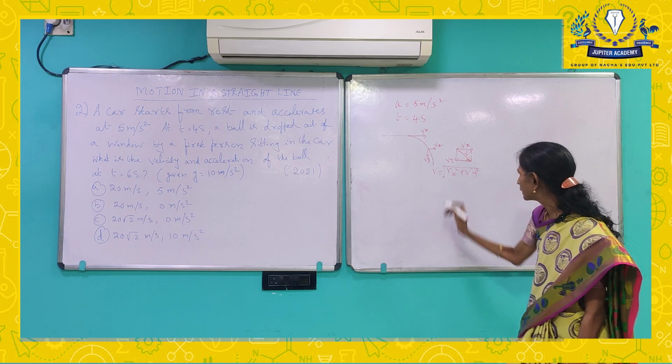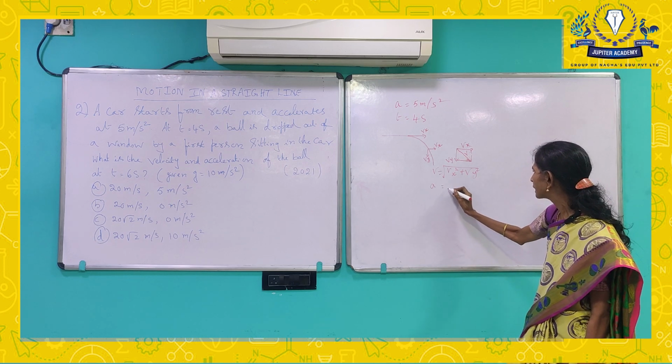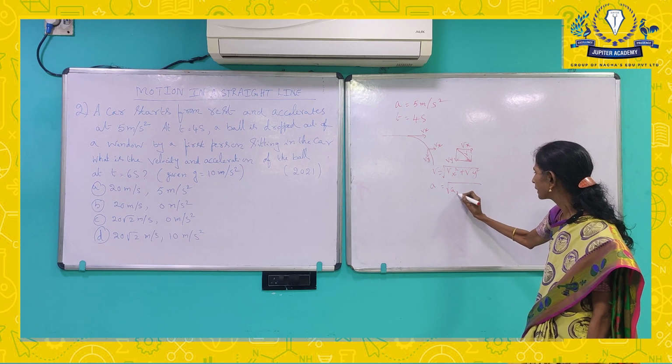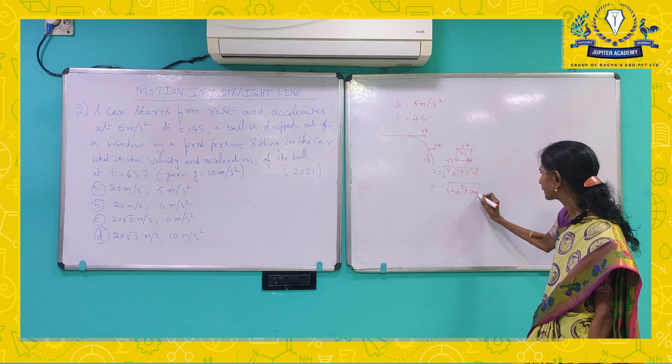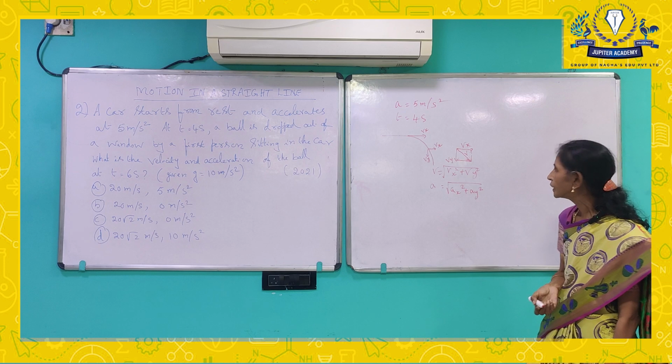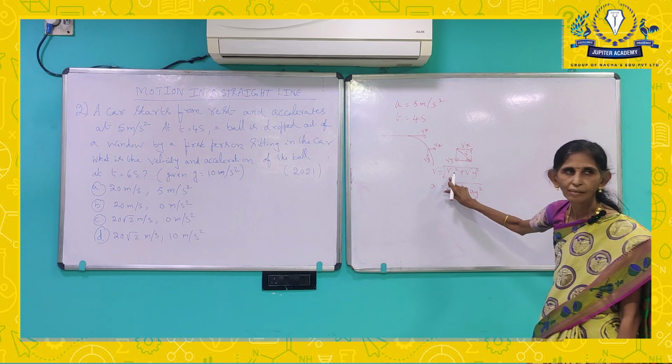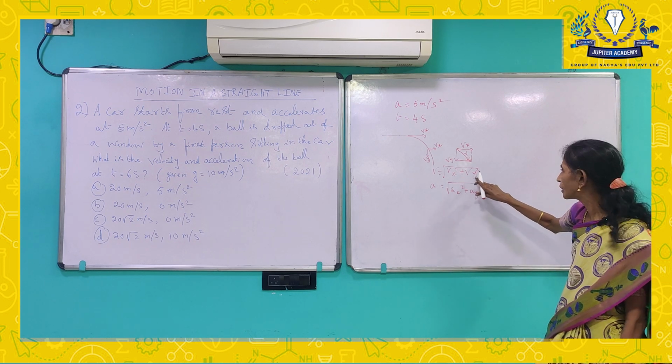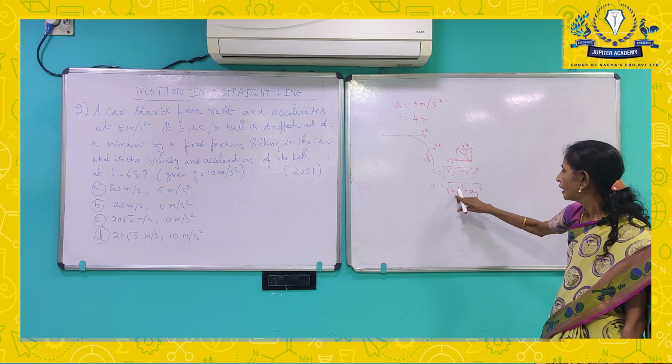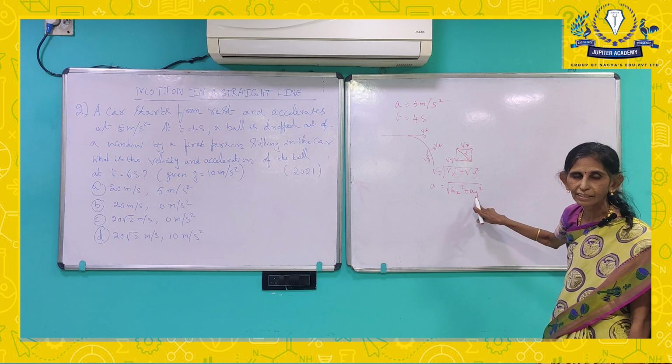Similarly, acceleration A is equal to square root of Ax square plus Ay square. So we need to get the horizontal velocity and the vertical velocity, then the horizontal acceleration and vertical acceleration.